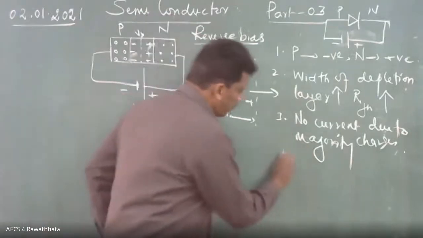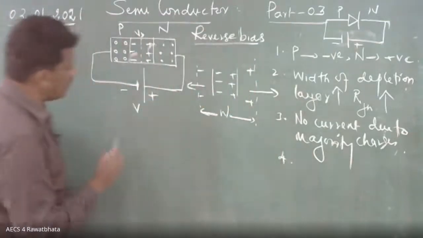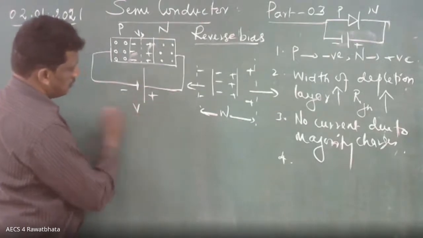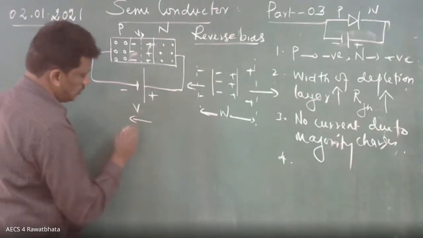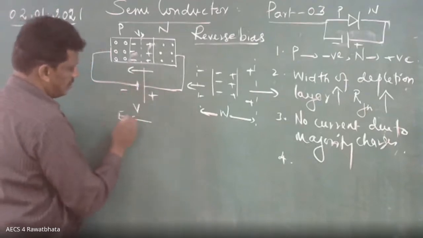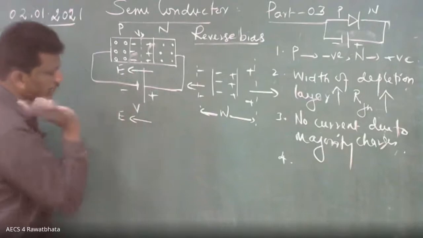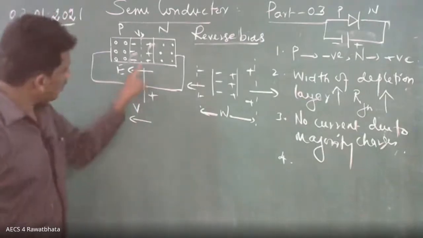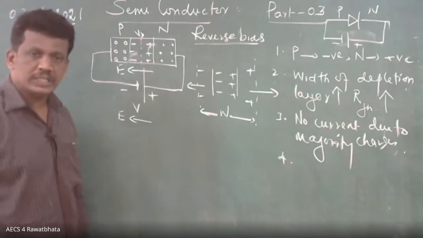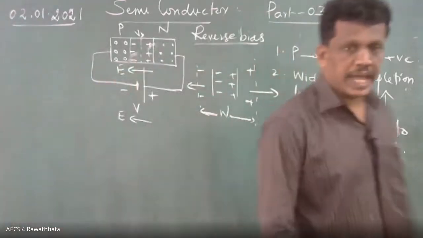What about the electric field? Check the electric field. Plus to minus, here plus to minus. How are they acting? What about the electric field direction? Due to the battery and due to the potential barrier: same direction or opposite direction?